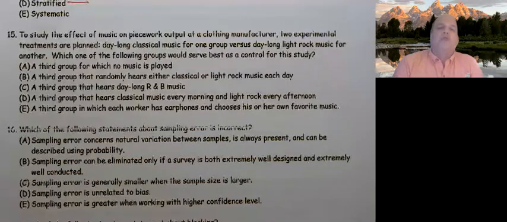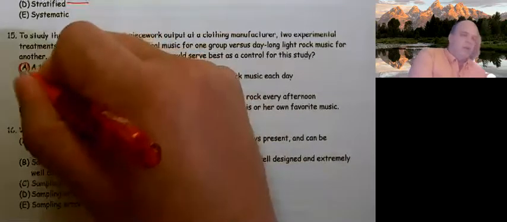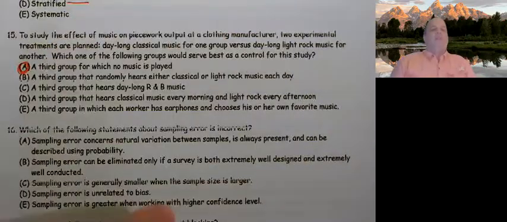Well, remember, a control group often gets either the status quo or they get a placebo where they're not getting anything at all. So in this case, we have rock music, classical music. So a third group would be the status quo or receiving a placebo where no music is played. So we're going to say no music being played, which is letter A.